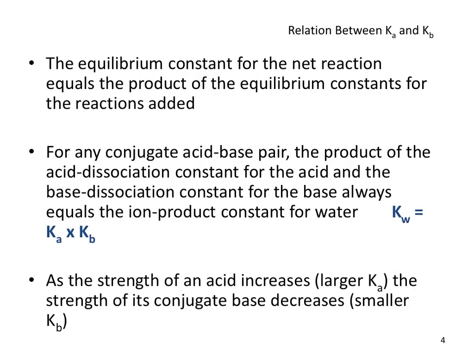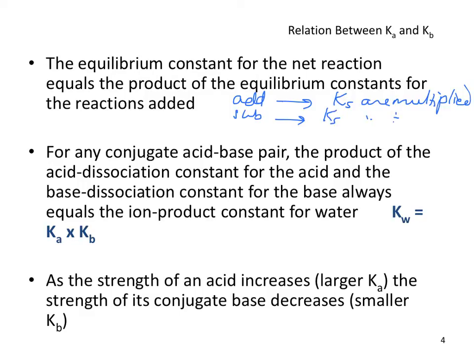So in the previous slide, I told you that for any net reaction that is being added, the equilibrium constants are going to be multiplied. Likewise, for any reaction that will be subtracted, the equilibrium constants will be divided. So if you add two equations, then the k's are multiplied. If you subtract, then the k values are divided.